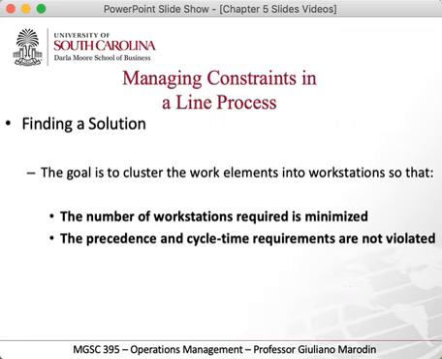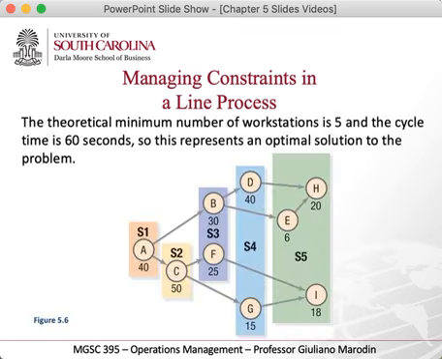Finally, I already know that I need 5 workstations, but who's going to do what? I had more than 5 steps in the process, so I need to understand who's going to do what. The way to do that is to take that diagram and divide the labor across 5 workstations, in a way that no workstation has a higher time than the cycle time, which is 60 seconds. You have many possible solutions for that.